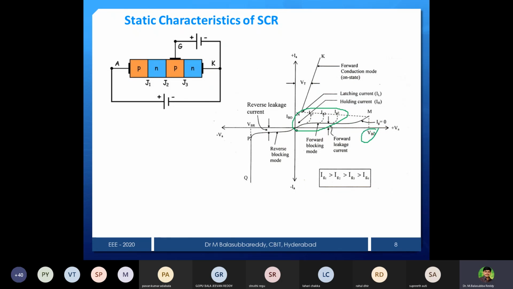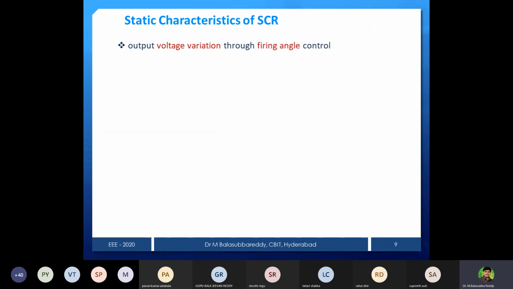With breakover voltage, there is a chance of getting higher voltages than VBO. That's why we don't prefer that method. We prefer only gate triggering. By passing the gate current, the breakover voltage becomes lesser and lesser, so it is a simple way. It will not go beyond the VBO.